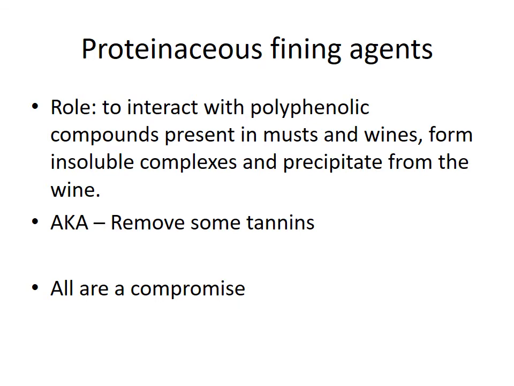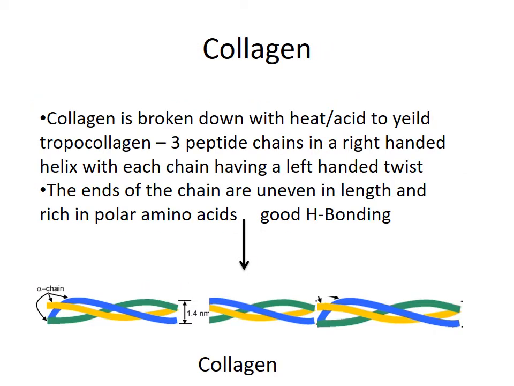And every one is a compromise. The reality is all of these start with collagen. Depending on each of the fining agents, where they start, where they go, collagen is broken down into smaller pieces that allow hydrogen bonding to happen. And that hydrogen bonding process is what allows tannins to connect with this and then precipitate to the bottom of the tank.